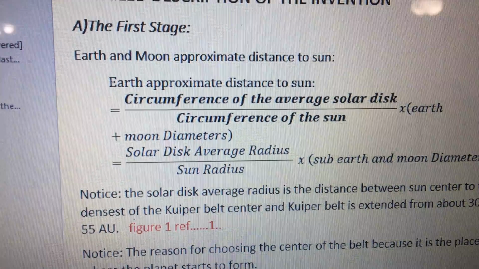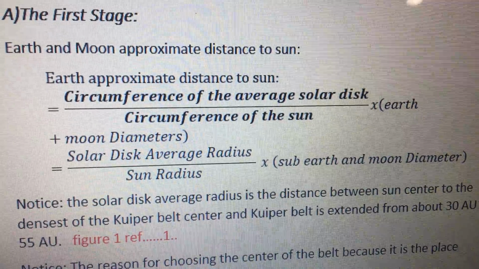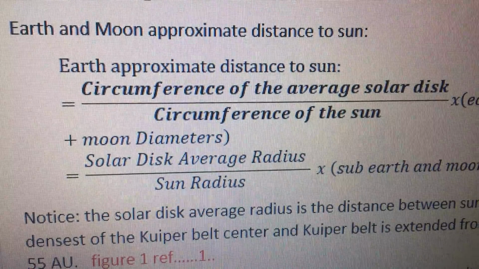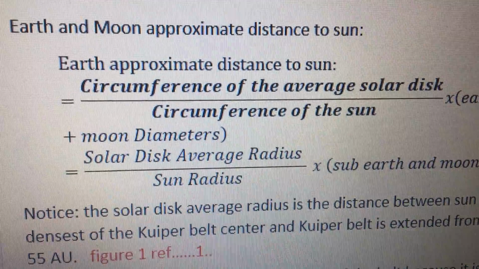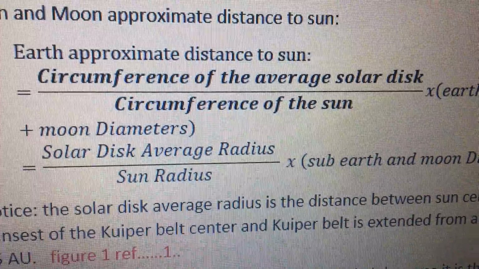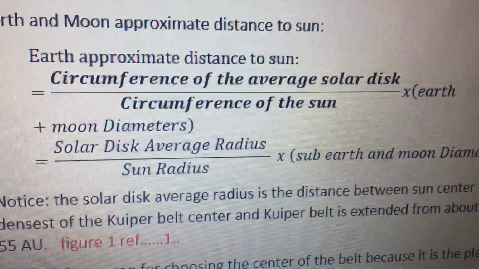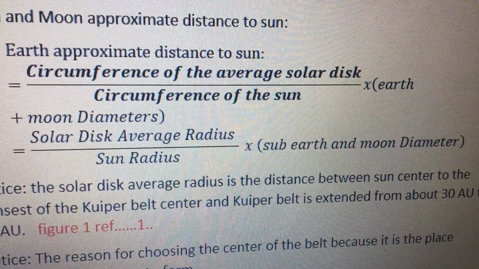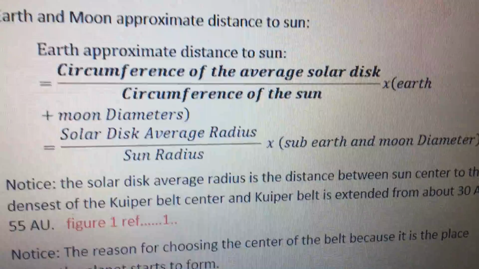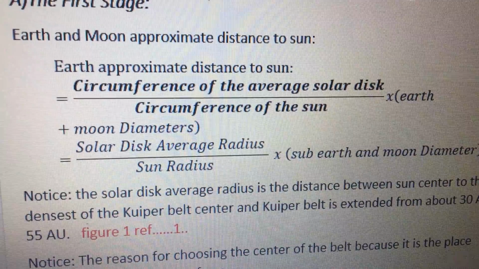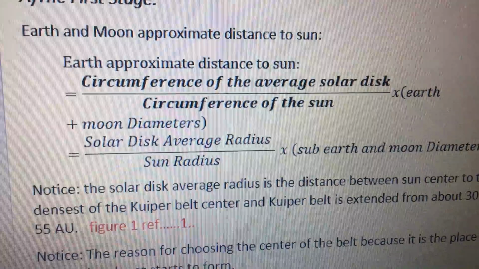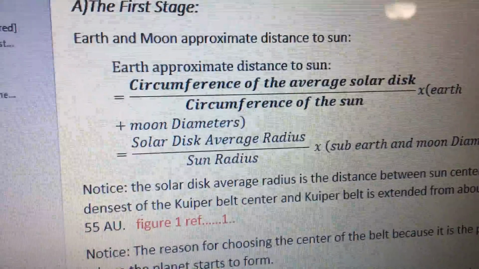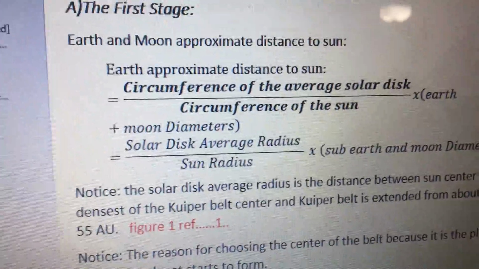So we say, for example, Earth's approximate distance to the sun equals the circumference of the average solar disk divided by the circumference of the sun, times Earth's plus moon's diameters. It gives the distance from the Earth to the sun. You can try this one, and this is proof for this equation.